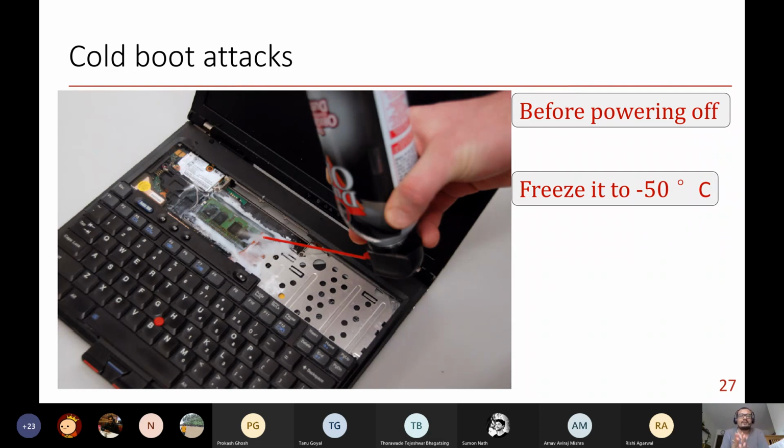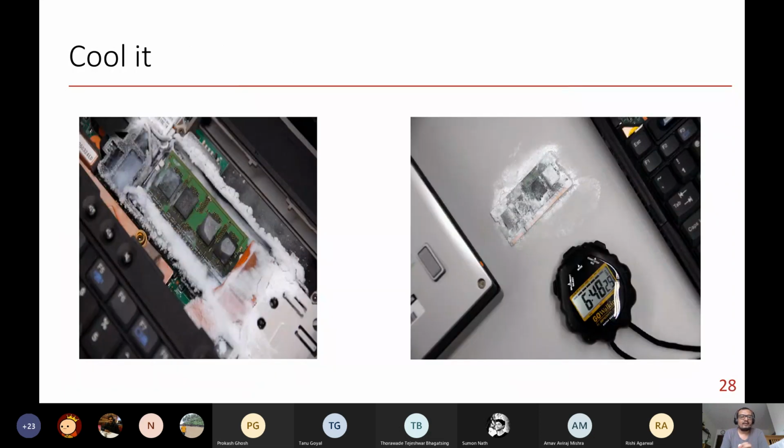Maybe use liquid nitrogen, right? So if you are on campus, you can go to the chemistry department, get liquid nitrogen, make sure that it's completely frozen, and then you can actually put it back in any other machine, right? And then try to access the data, try to dump the entire memory basically, right?